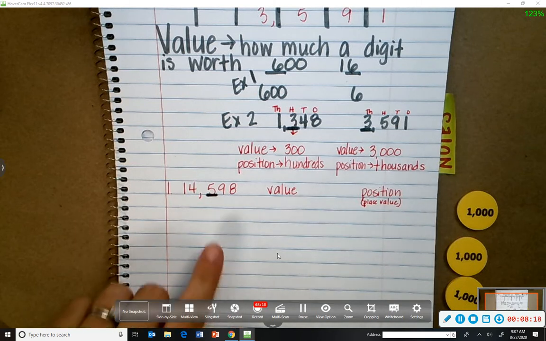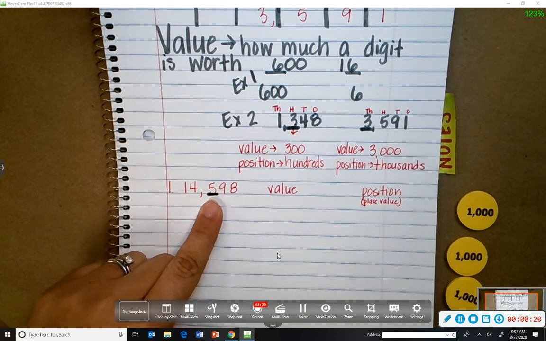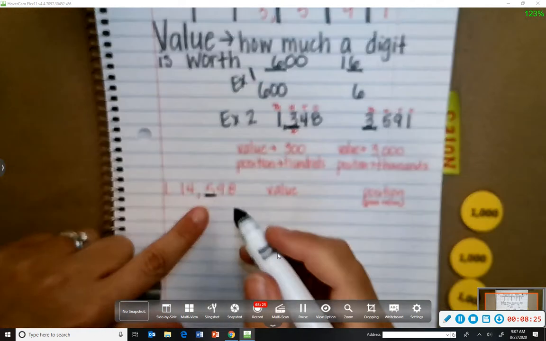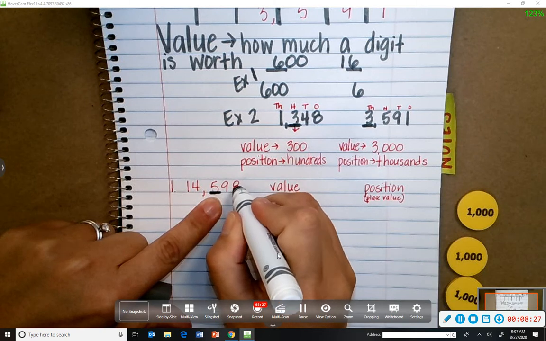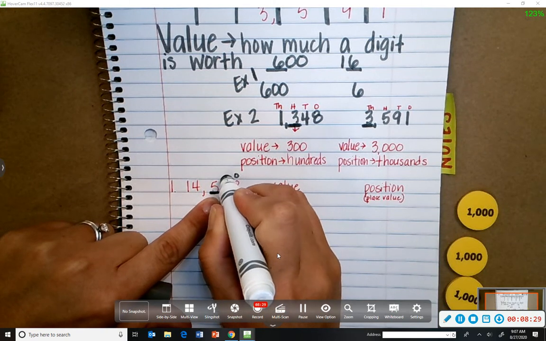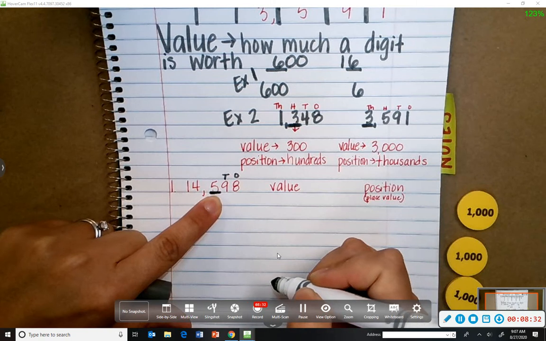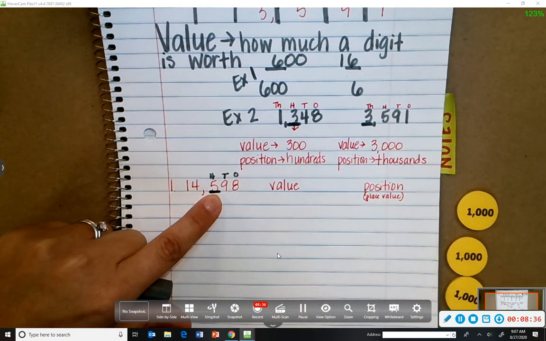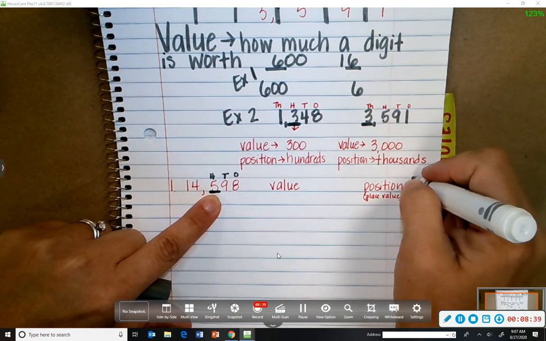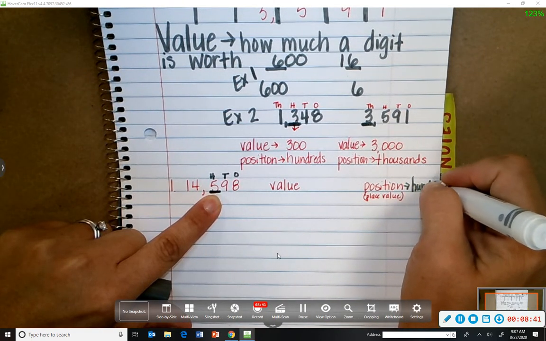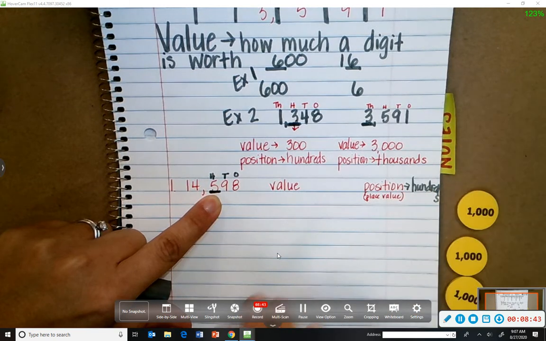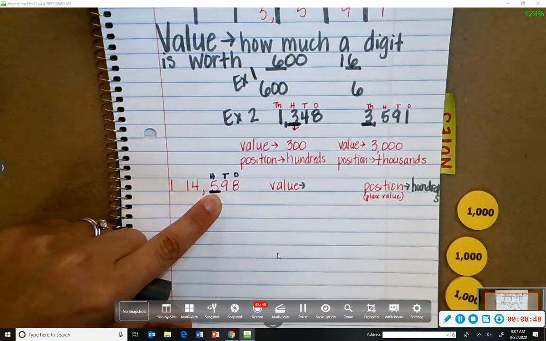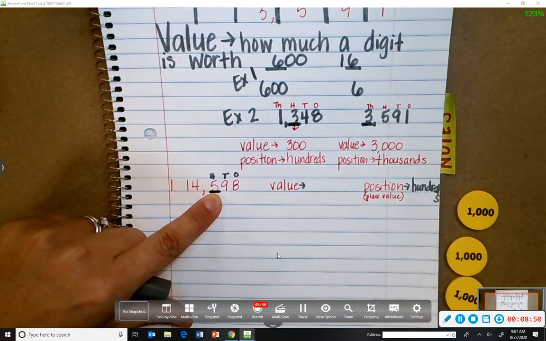Okay, so I'm going to go ahead and go over it now. The 5, let's start by labeling our place values. So the 8 would be in the ones place. This would be the tens. And then we have the hundreds. So the position is the hundreds place. Okay, the value is going to be different because I have 5 of them.